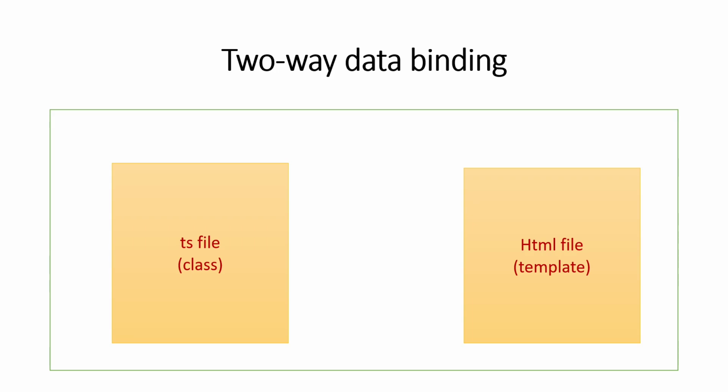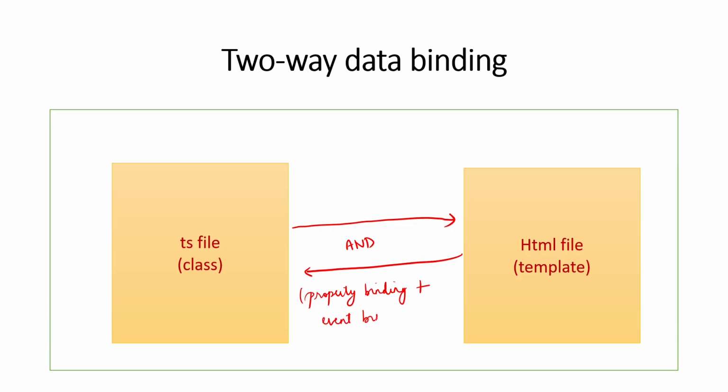Next is your two-way data binding. As its name suggests, the communication is happening two ways. You are sending your data from your class to template and from template to your class. You can say it's a combination of property binding plus event binding.